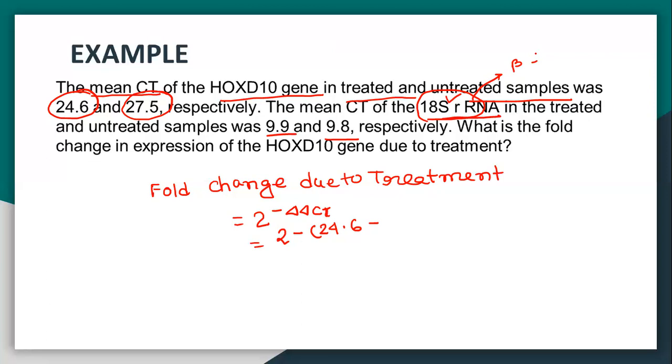Beta catenin, GAPDH, beta actin, and also 18S rRNA are the different internal controls used.